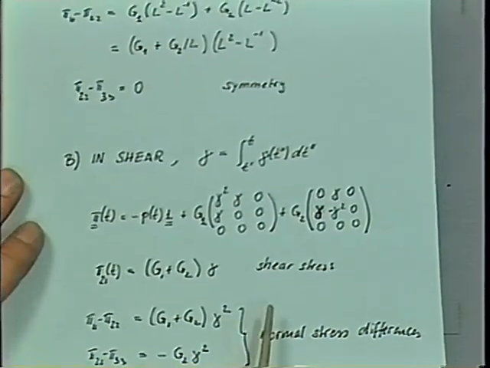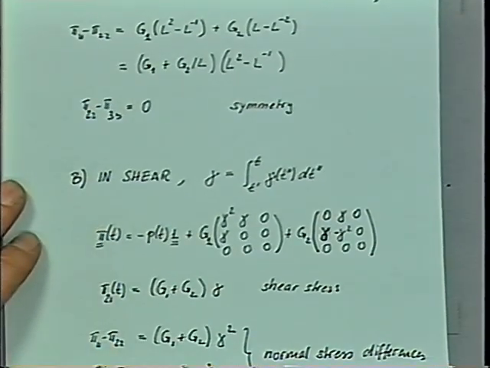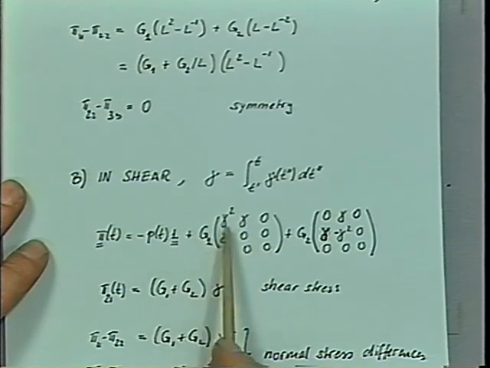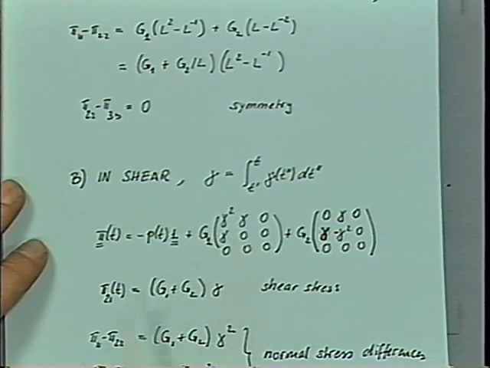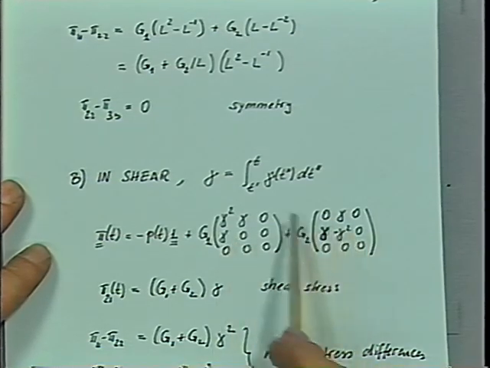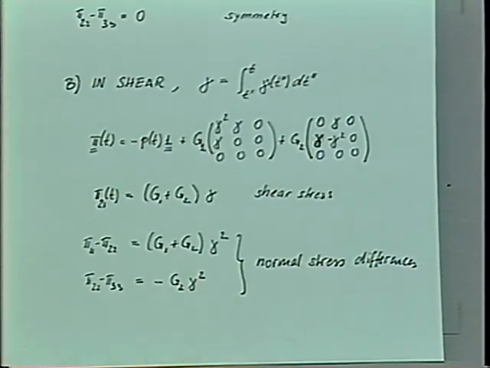Similarly, the first normal stress difference, where on the diagonal here, pi 1 minus pi 2 is taken, and the difference between this one, G1 times gamma squared minus 0, plus G2 times 0 minus this, and the two minuses cancel. So we have gamma squared in both cases. So we have G1 plus G2 times gamma squared, and that gives us the first normal stress difference.